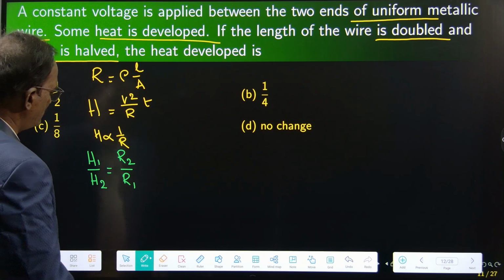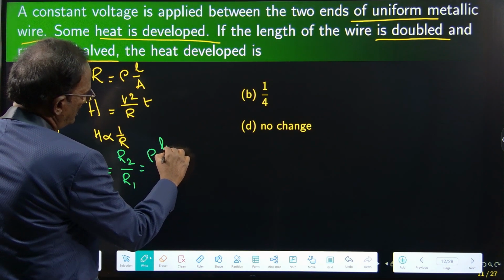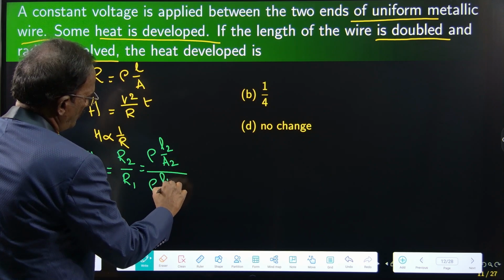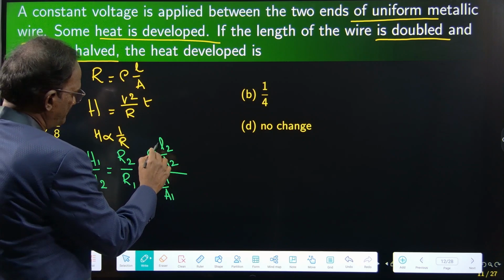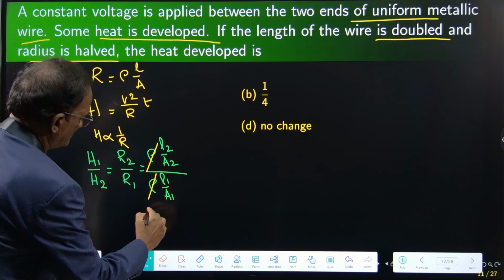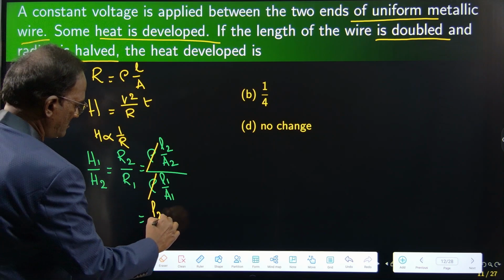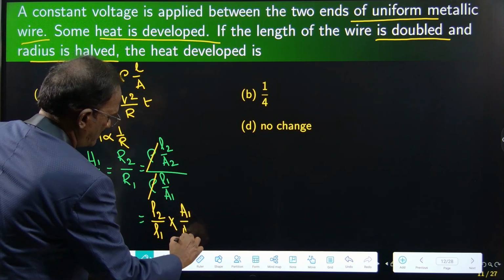R2 by R1 is rho L2 by A2 divided by rho L1 by A1. The rho is removed. So this ratio is L2 by L1 multiplied by A1 by A2.